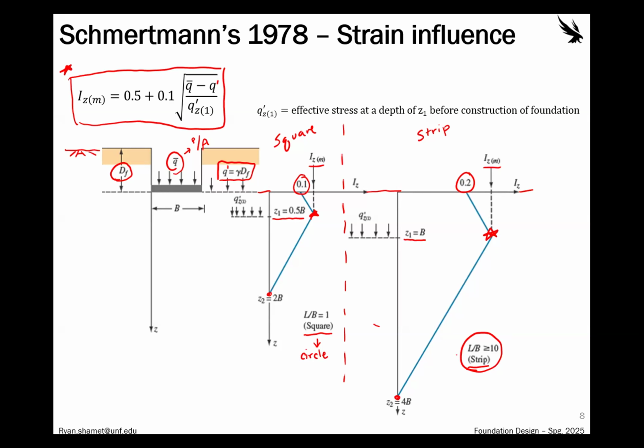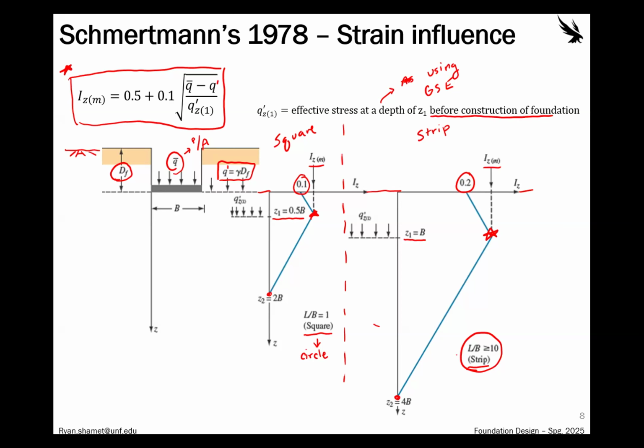And then the q prime z1 in the denominator, this is the effective stress at a depth of z1 before construction of the foundation. So this is important because this is using the ground surface elevation, so GSE. So this is not accounting for the depth of footing taking out any construction. It's before construction of the foundation.